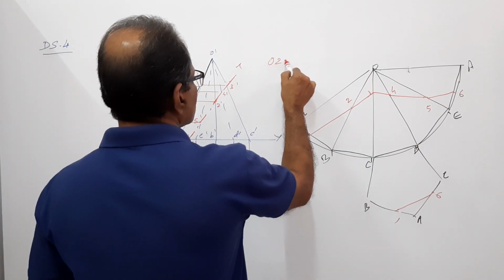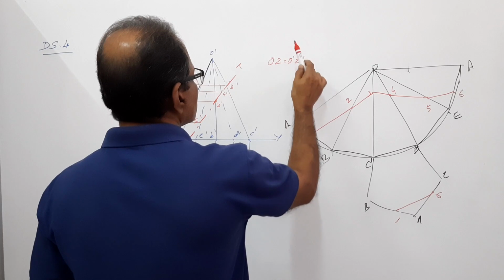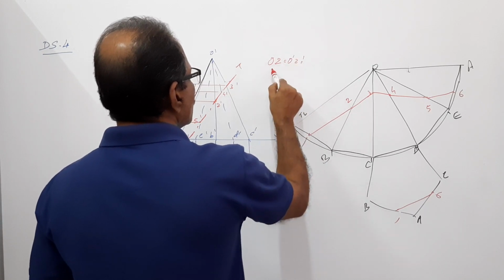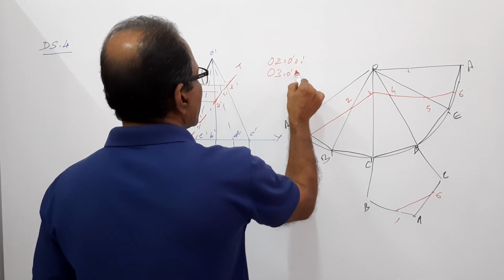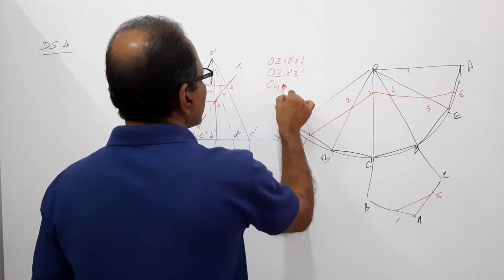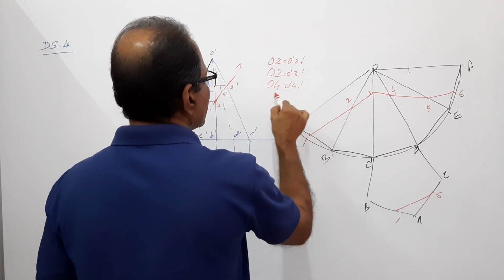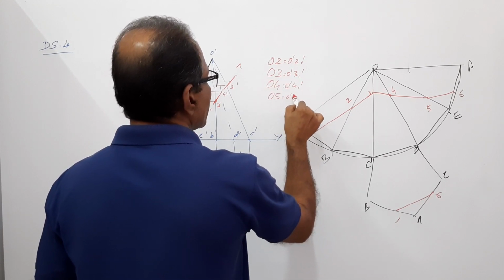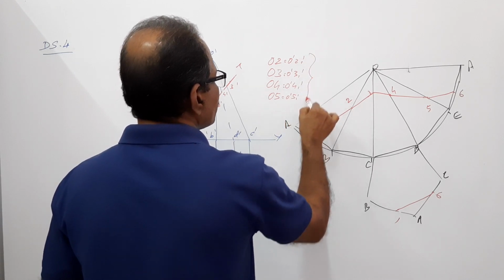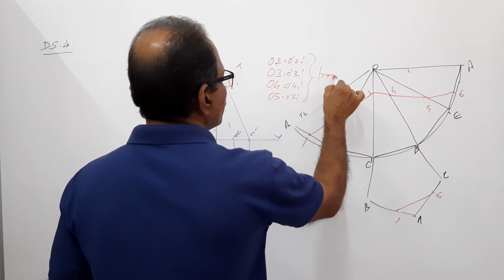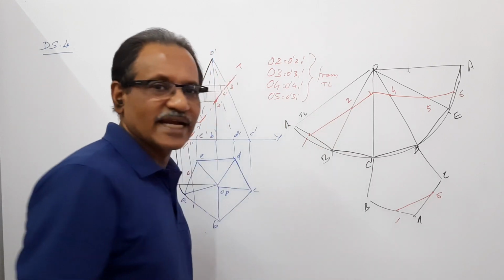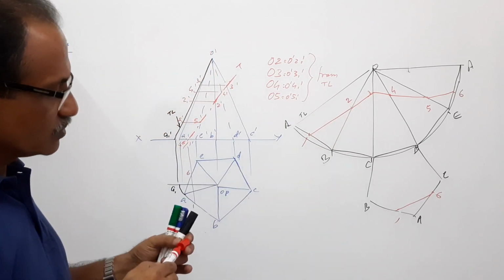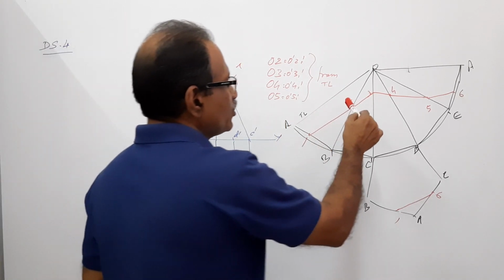O2 equals O dash 2 dash 1 dash, O3 equals O dash 3 dash 1 dash, O4 equals O dash 4 dash 1 dash, O5 equals O dash 5 dash 1 dash, taken from the true length of the slant edge. These are individual straight lines.